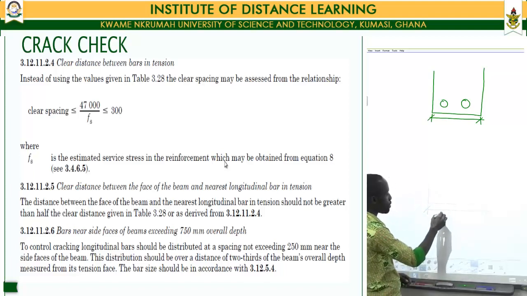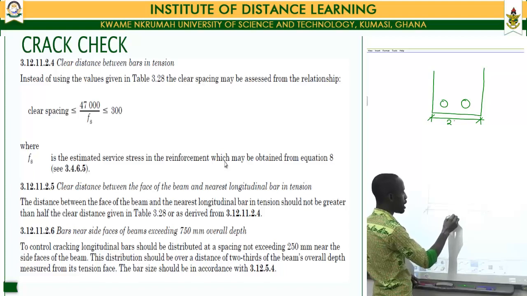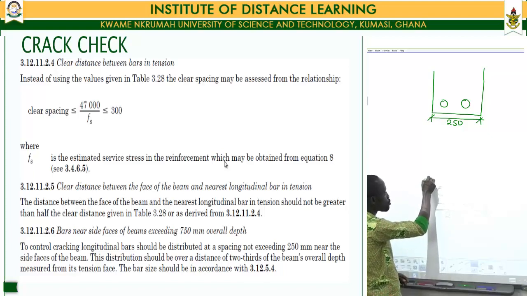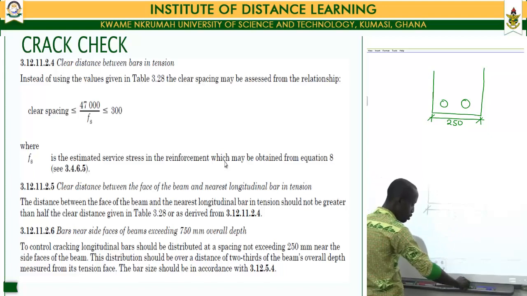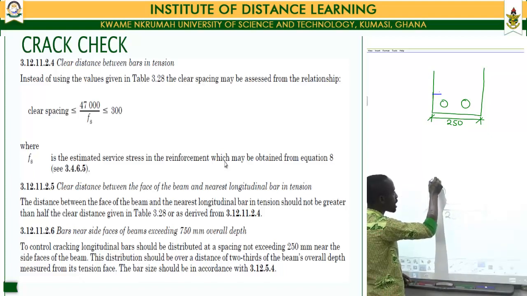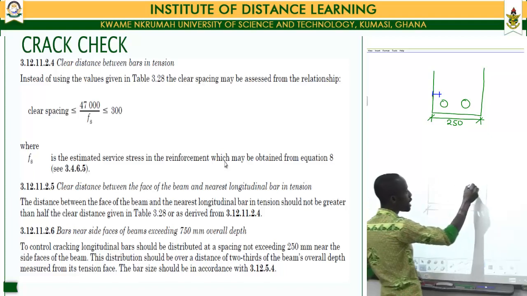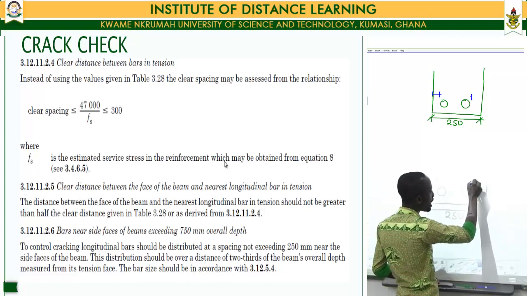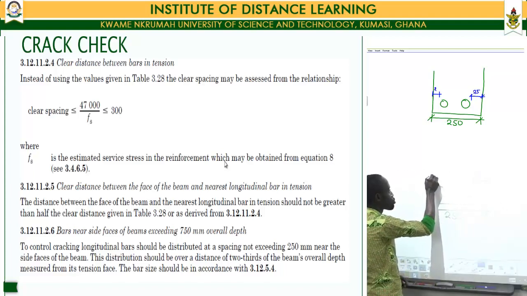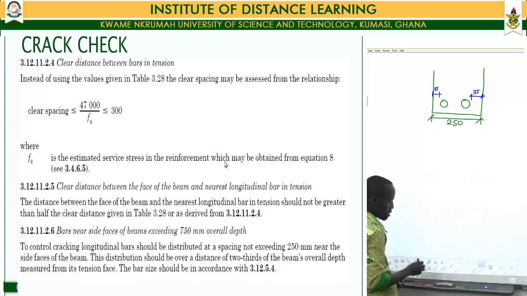The total width of our web, as we saw earlier on, is equal to 250 millimeters. Now, taken from the sides, the distance from the extreme side of the beam to the face of our reinforcement becomes our concrete cover. And as we saw earlier on, our concrete cover had a value of 25. So we have 25 to the sides.